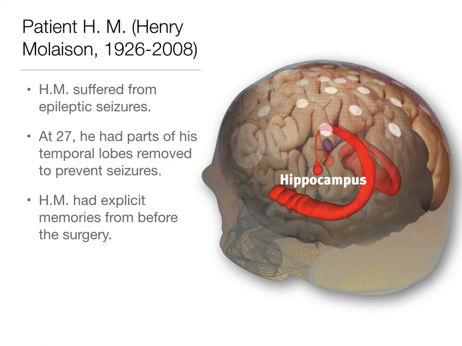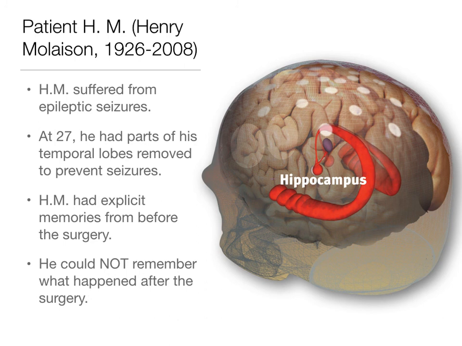HM had explicit memories from before the surgery. So he could remember what he learned in college, what his wedding was like, any of these explicit memories from before his surgery. However, he could not form new explicit memories after his surgery.